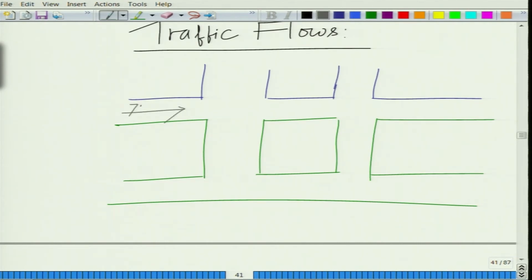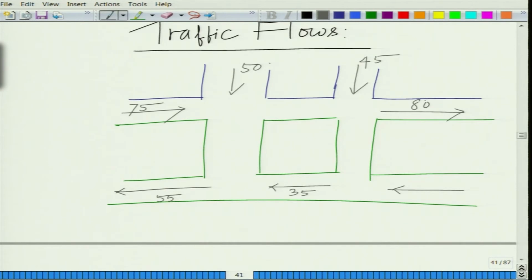So, for instance, you have a flow of 75 vehicles, you have a flow here of 50, you have a flow here of 45, you have a flow here of 55, and now you have these unknown flows. So, this is the flow of 80.